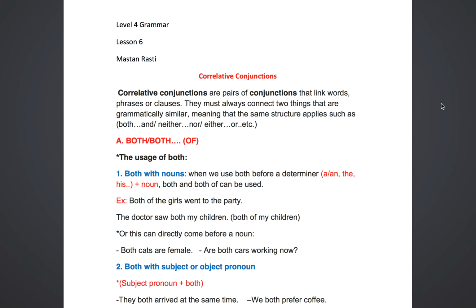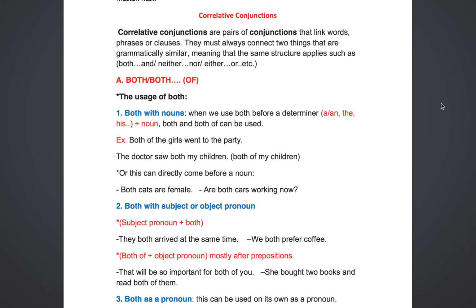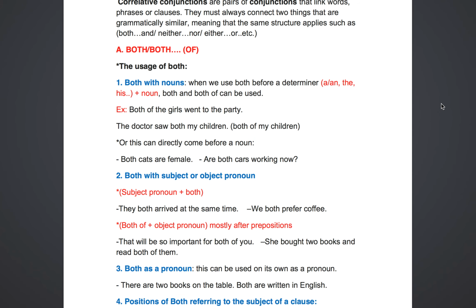I think you've heard these words before, I'm pretty sure, but you may not know how to use them, so we are going to go through them. The first one we will talk about is both and both of. I will show you how to use both and both of in different ways. They have different functions, they have different usage.